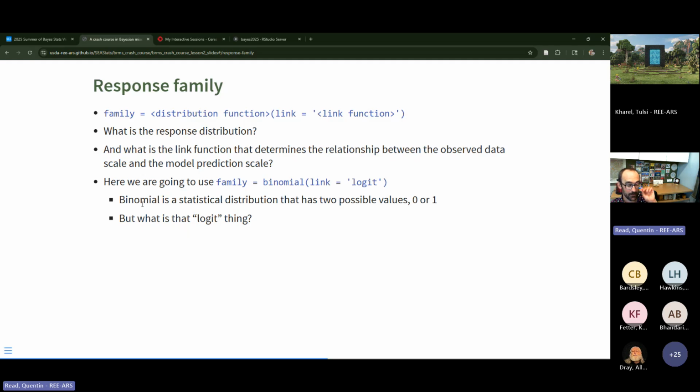Binomial should make sense because a binomial distribution is a statistical distribution that has 2 possible values, 0s and 1s. So just like a coin flip follows a binomial distribution, we're modeling the error in our germination as following a binomial distribution, because it can either be a 0 for not germinate or 1 for germinate. But what is logit? Let's explain what is logit.